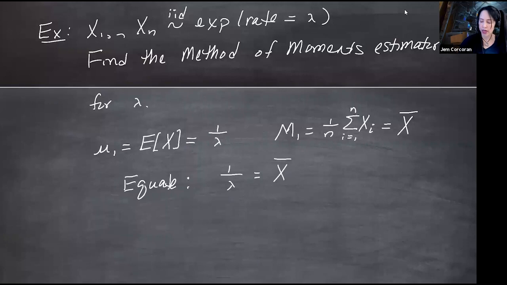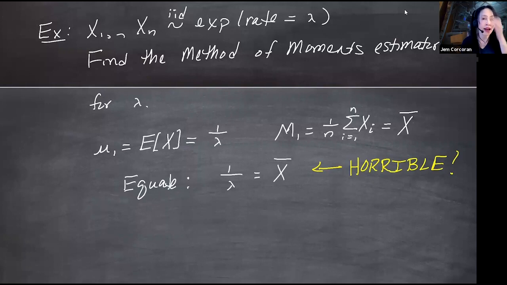So big warning here, this is horrible. It's an intermediate step for algebra. That equation doesn't make any sense because on the right, I have a random variable and on the left, I have a constant. And this random variable is not going to be one of those boring random variables that's actually a constant.